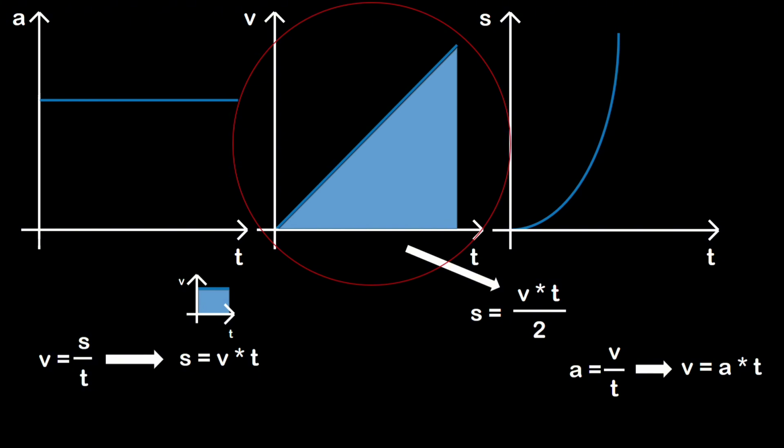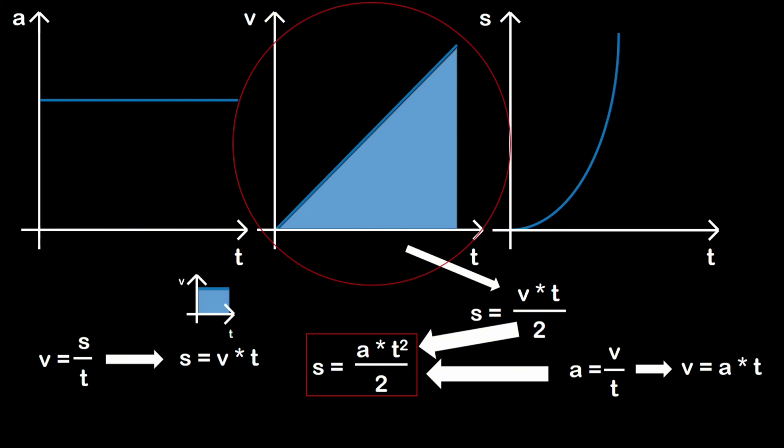And if we put this acceleration times time into the distance equation, we get that the distance will be equal to the acceleration times the time squared divided by 2.